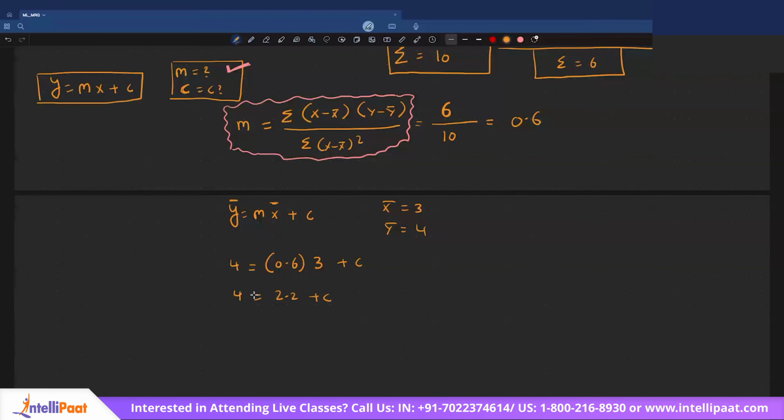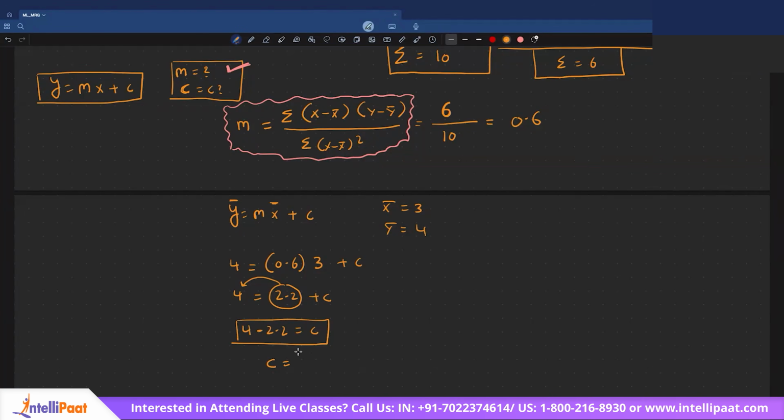Meaning, if this 2.2 needs to jump to the other side of the equal to, will it become 4 minus 2.2 is equal to c? Yes or no? Whenever you move a number from one part of the equation to the other, what will be the value of c?